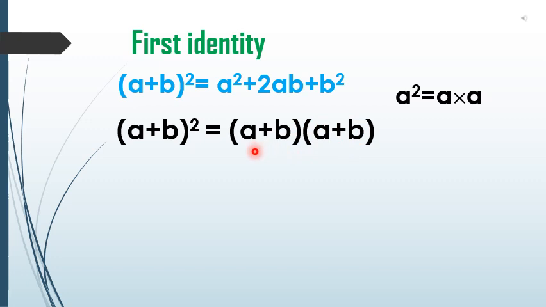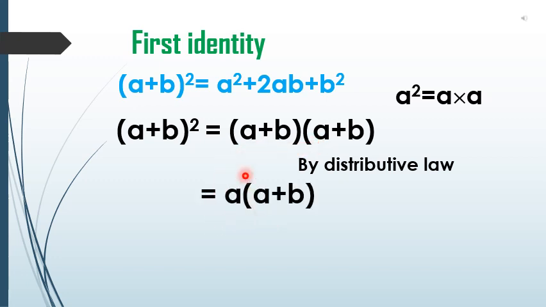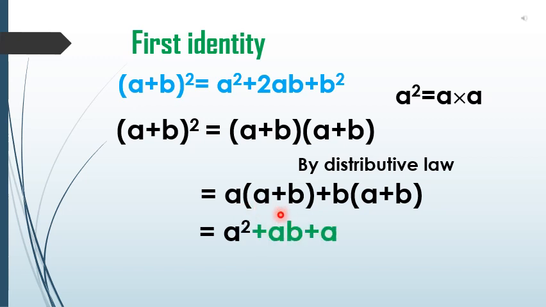We have to multiply this a to this (a plus b) and this b to this whole thing (a plus b). See this, a into (a plus b) plus b into (a plus b), which is equal to a into a is a square, plus a into b is ab, plus b into a is ba, or we can write in the alphabetical order, ab.